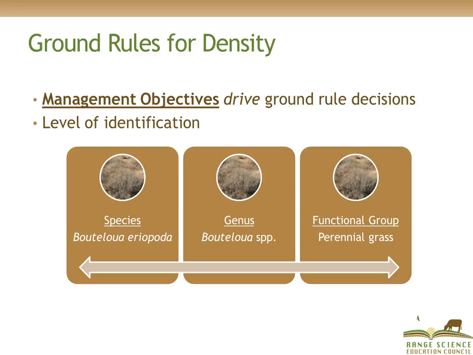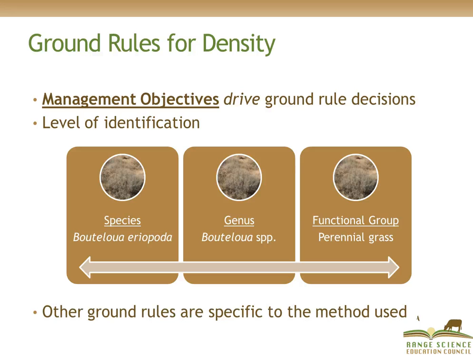It may be sufficient for us to identify to the genus level. So instead of Bouteloua eriopoda or black grama, it would be sufficient to say that we have a grama grass or Bouteloua. Likewise, sometimes we're just interested in the functional group. We just want to know if it's a perennial grass or an annual grass or a forb or a shrub.